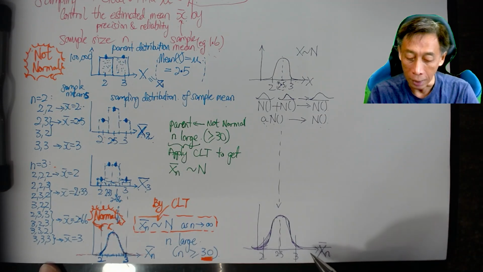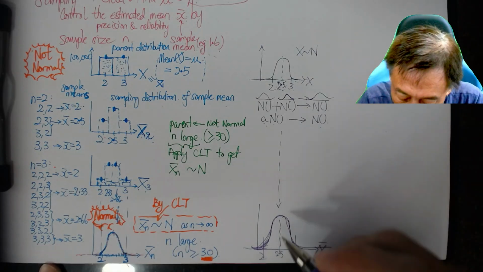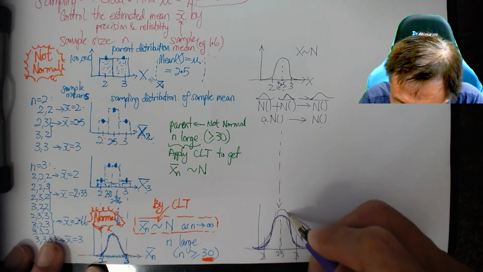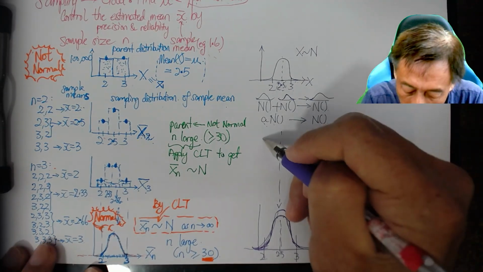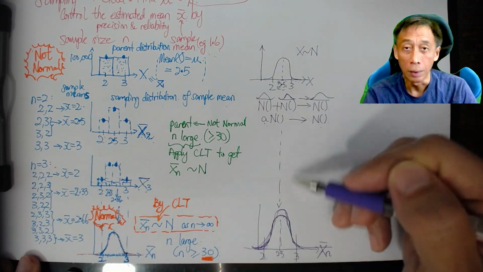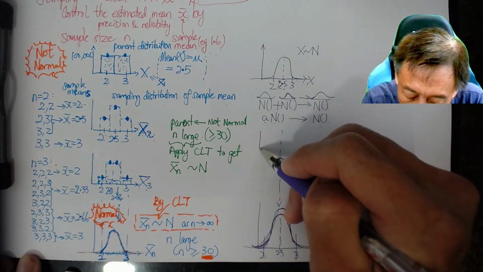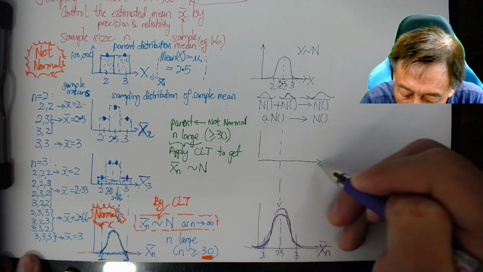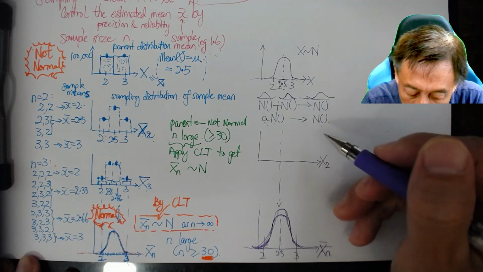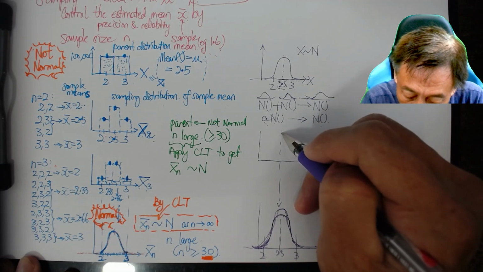And in the case where we are fortunate enough to start with a beautiful normal parent, then automatically we don't have to say applying CLT or whatever. Whether for sample size large or small, even for 2, for example, we will get a normal distribution.